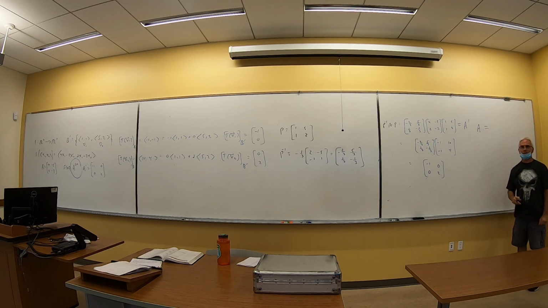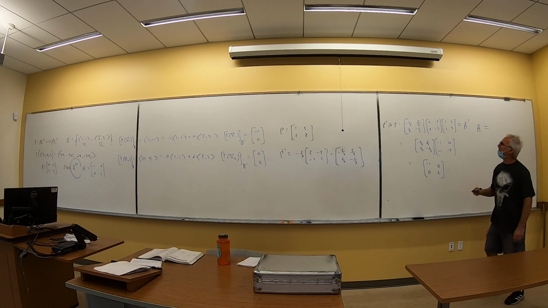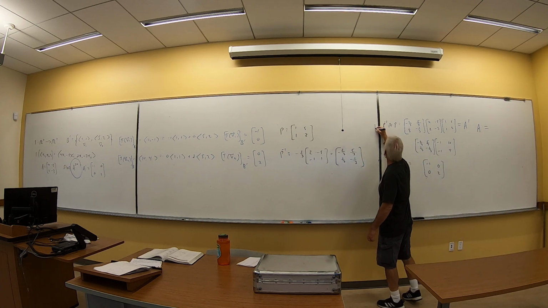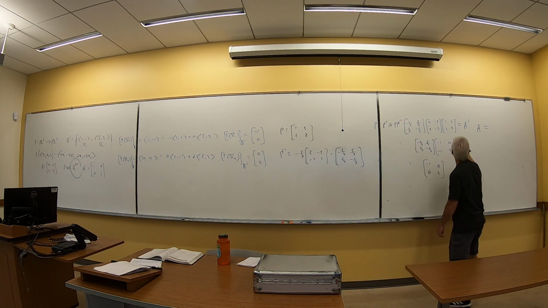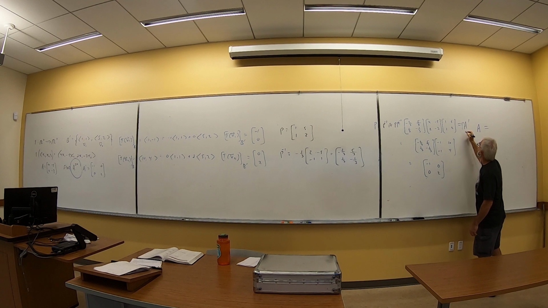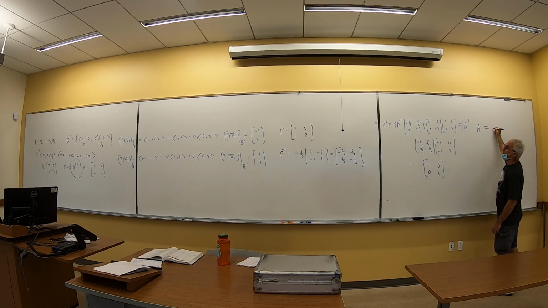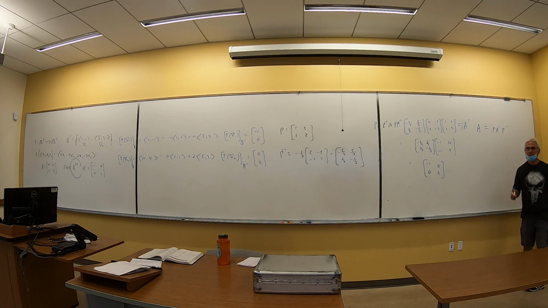What does A equal, by the way? Well, in terms of P and P inverse and all that. Well, what if I multiplied on the left by P? And what if I multiplied on the right by P inverse? Can I say the left side is now A and the right side is now P, A prime, P inverse? Would that be true?